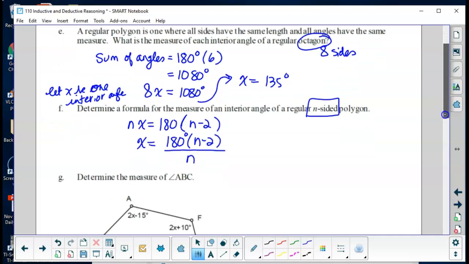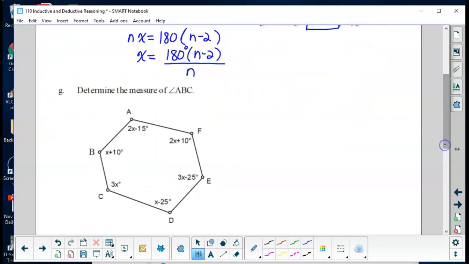Then it says determine the measure of angle ABC. So same thing here. Count up the sides: 1, 2, 3, 4, 5, 6. So the angle sum is 180 times 4, which is 720. And then we have to add all these together.